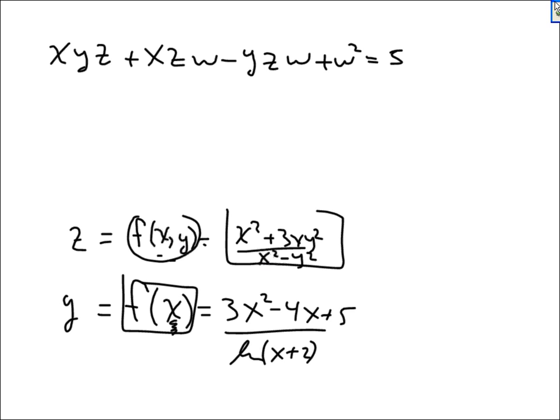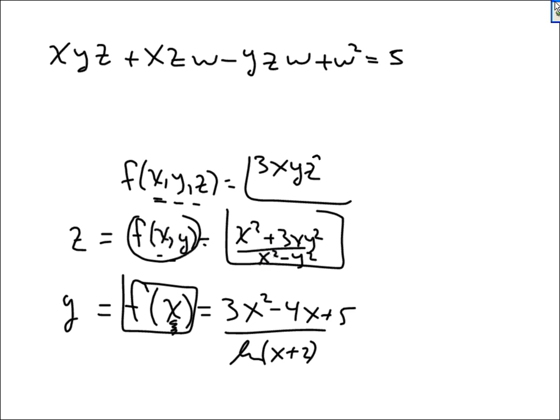Now, I find it amusing how the mathematicians, being so brilliant as they are, run out of letters. If you have f of x, y, z, well, over here, you better see only x's, y's, and z's, like 3xyz squared plus 7z. They run out of letters because, for example, we call this y.